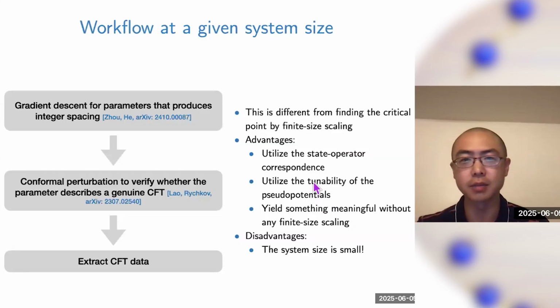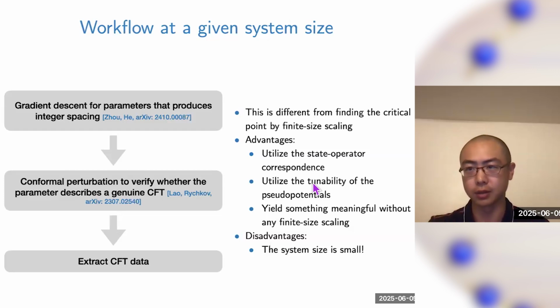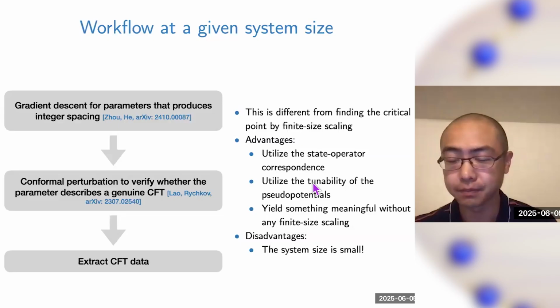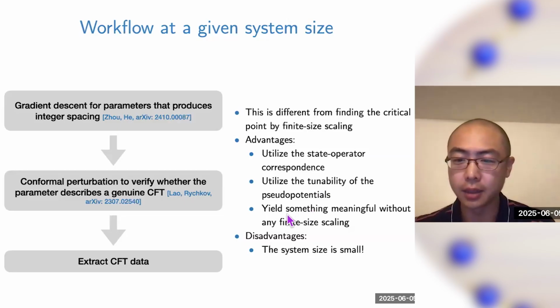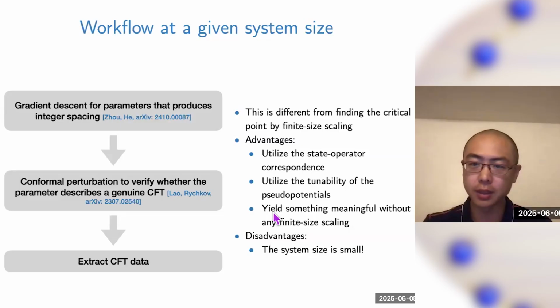This is something that you don't naturally have when you study lattice models, but it's just naturally there for the fuzzy sphere setup. So you can use that. And I guess most importantly, it allows you to say something meaningful without doing any finite size scaling.